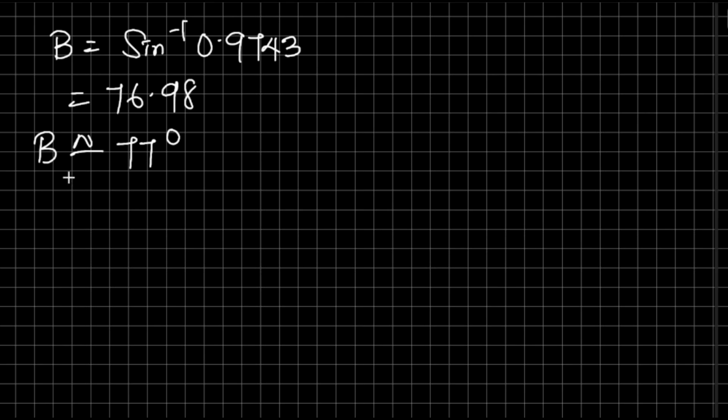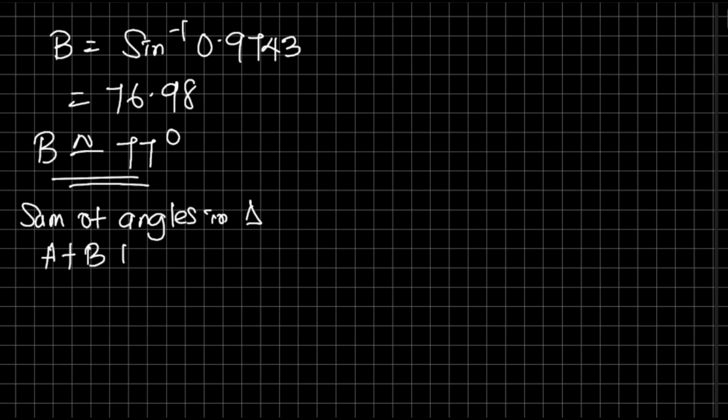Okay, so that's what we have for this one. And then we can use the sum of angles in a triangle to find C. That will be A plus B plus C equals 180 degrees. So 60 plus 77 plus C equals 180.